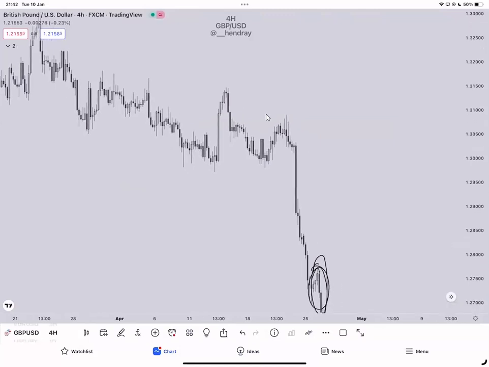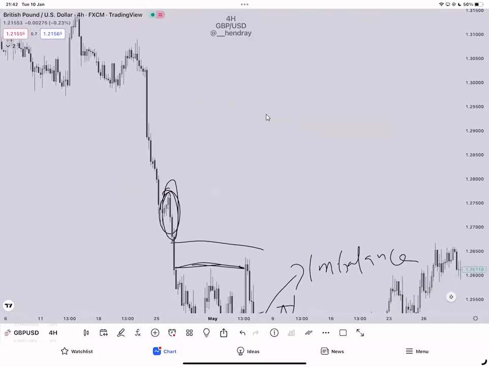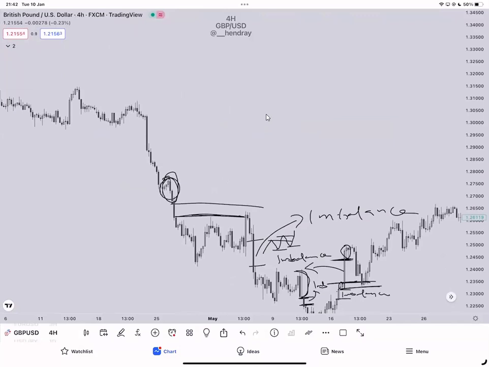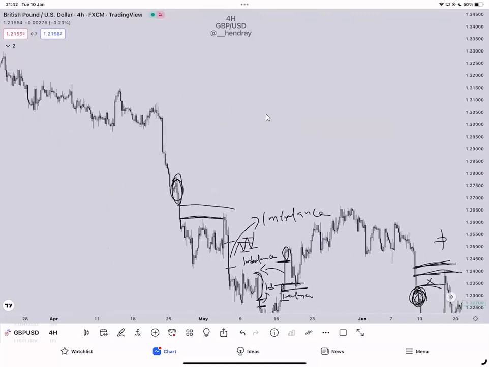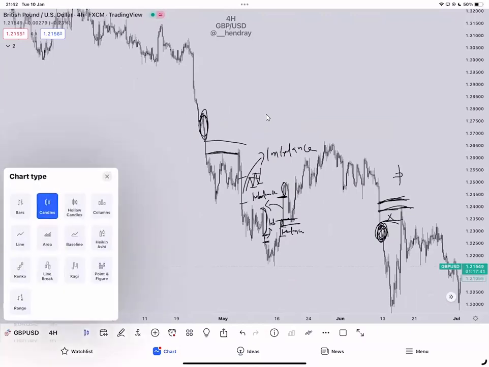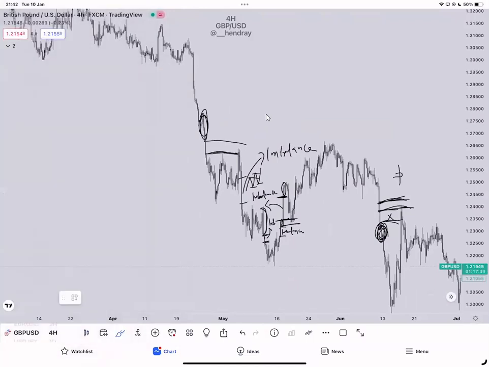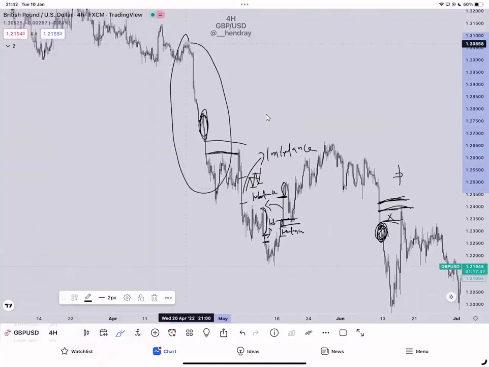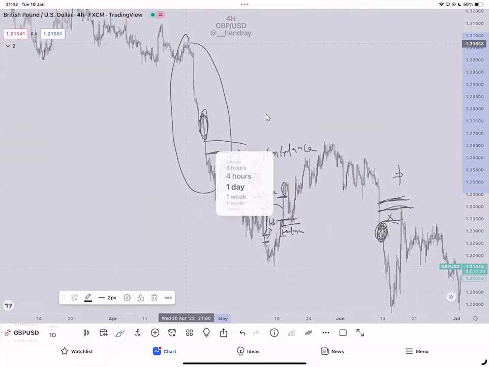I think around there will be something like that. I'll go to a higher time frame now. Around this area, there should be something like that. Let me go to the daily time frame.